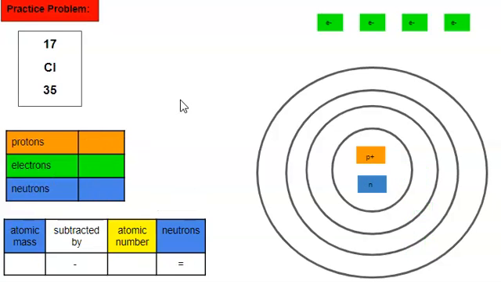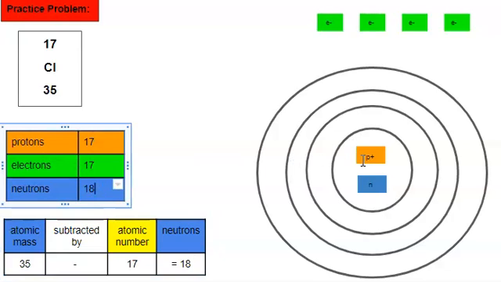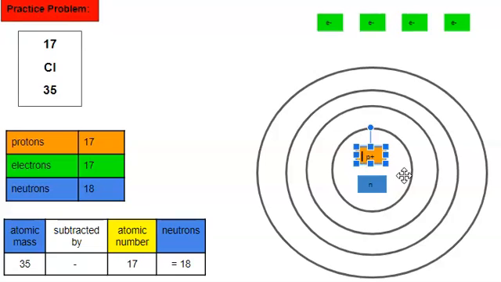Last one we're going to check together is chlorine. And chlorine has 17 protons, 17 electrons, 35 is our mass. So let's put that here. And subtracting it by 17, that will give us 18 neutrons. So now we can go over to our nucleus for our atom, and we'll put in 17 protons.